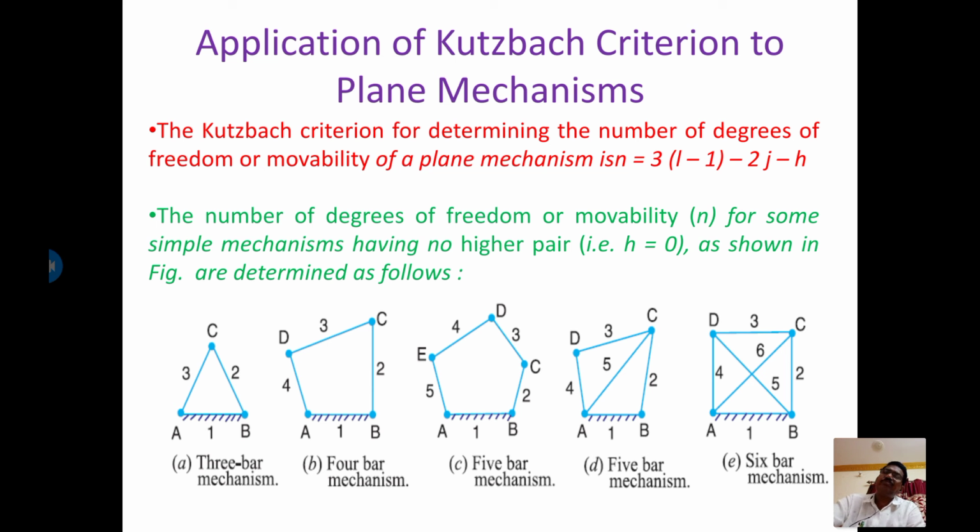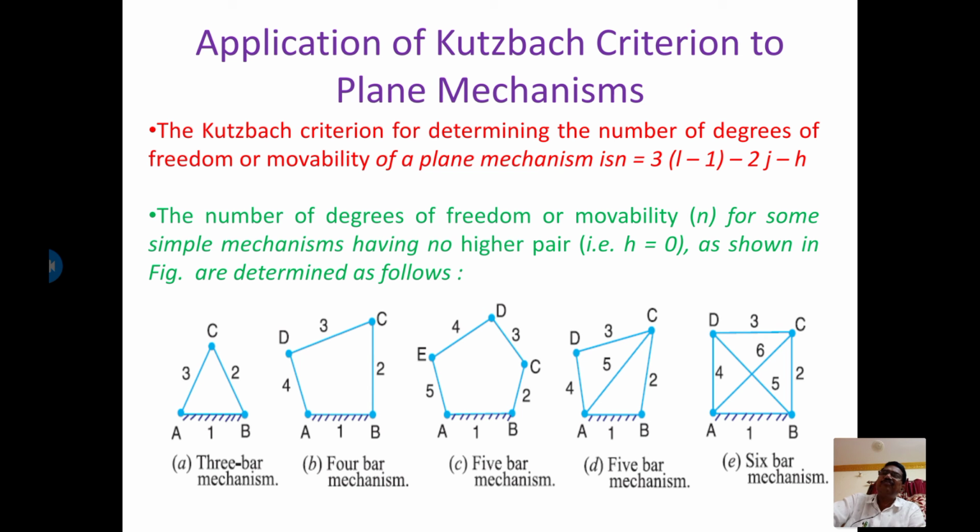Second, we observe 4 links and 4 joints. Substituting in this equation, higher pairs is 0. Then 3 into 4 minus 1 minus 2 into 4, that is 3 into 3, 9, minus 2 into 4, 8. 9 minus 8 is 1.